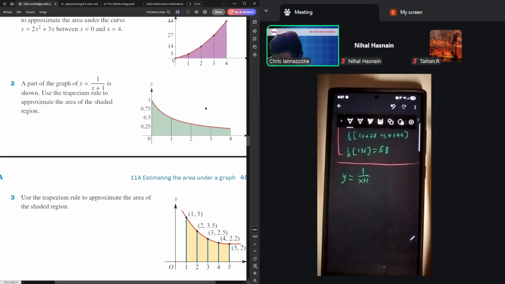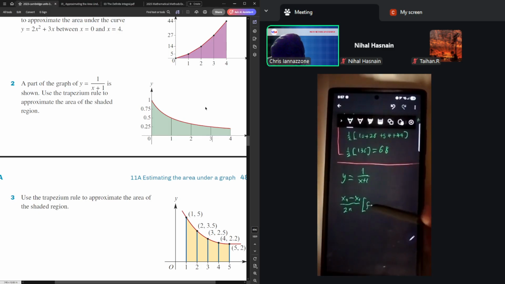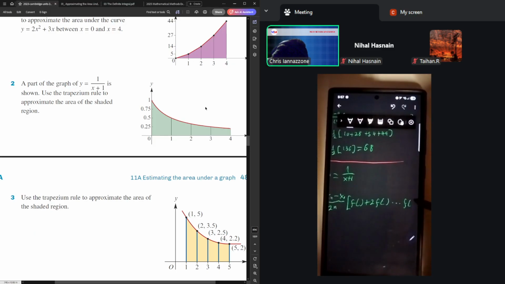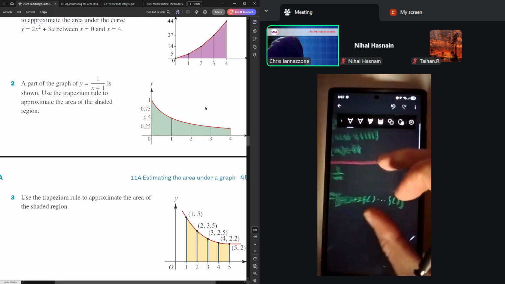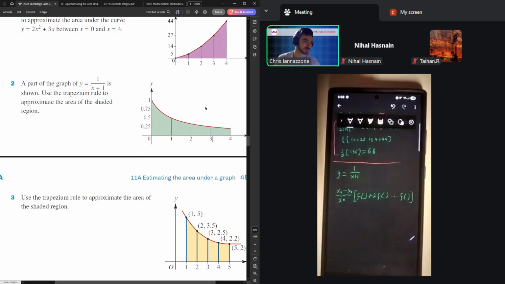So, for the formula sheet, we need our xn, we need our x0, we need our n, we need our f of values, the ones that we're doubling up, and then whatever we're finalizing up to. So these are the best and easiest place to start. N, what's n in this case? N is 4, yep, the number of trapeziums.